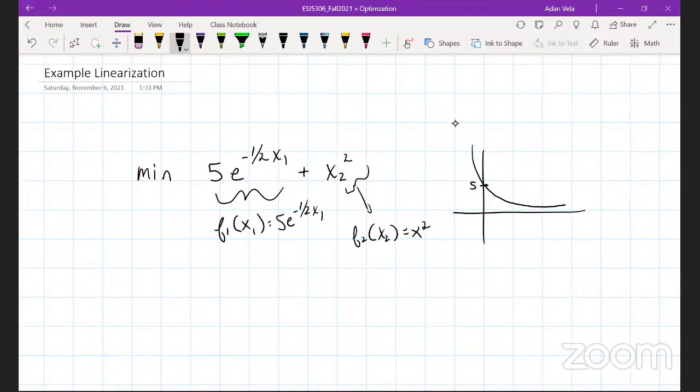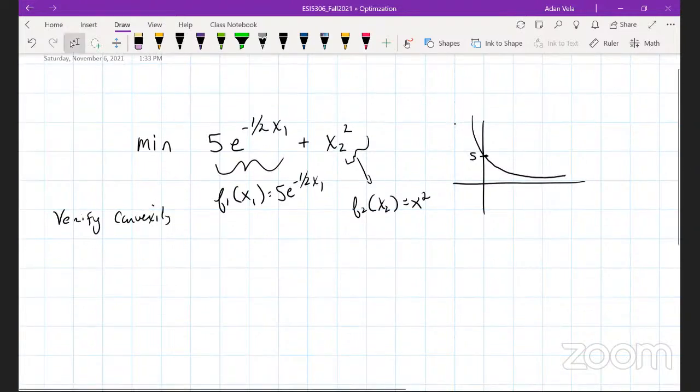Now you can take the second derivative. So if we want to verify convexity, we look at the second derivative. So f1 of x is e to the minus 1/2 x1.